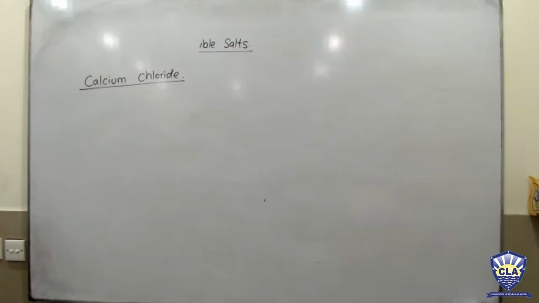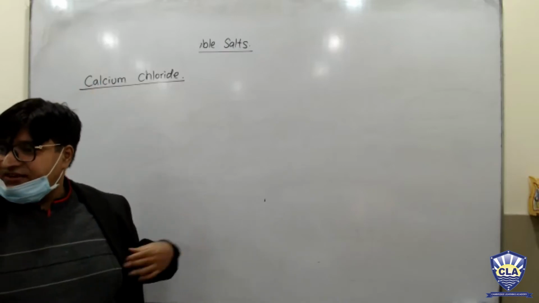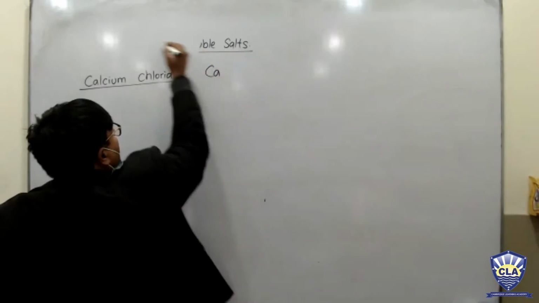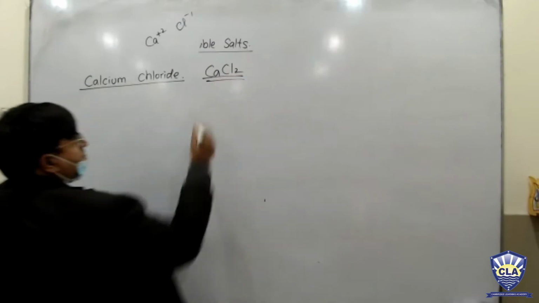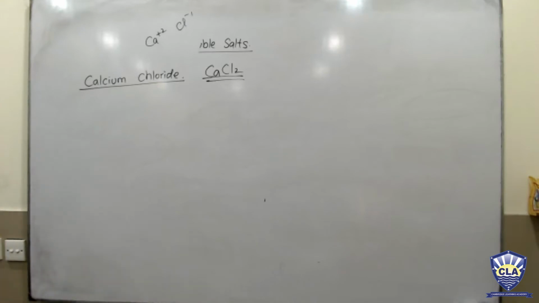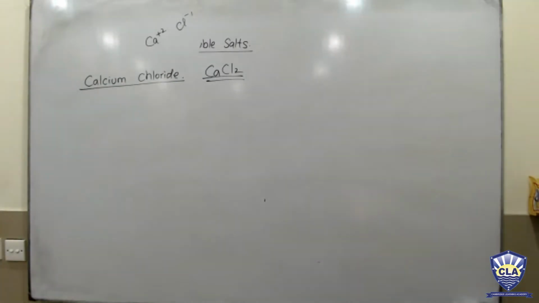Come on, guys. I can assist you. This calcium is present in the group 2. It is not present in group 1. Okay. So its formula is Ca plus 2, Cl minus 1. So this is CaCl2. So you should prepare it. Everyone should try it, beta.